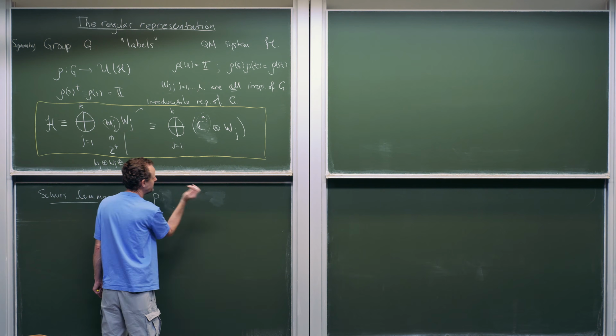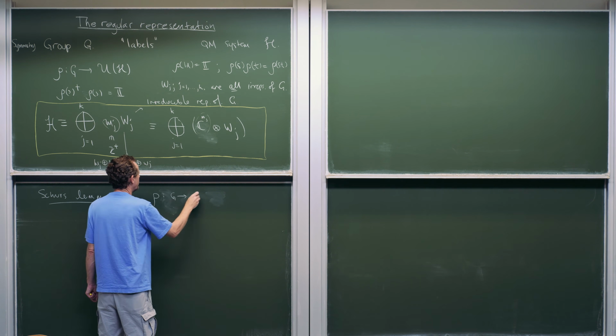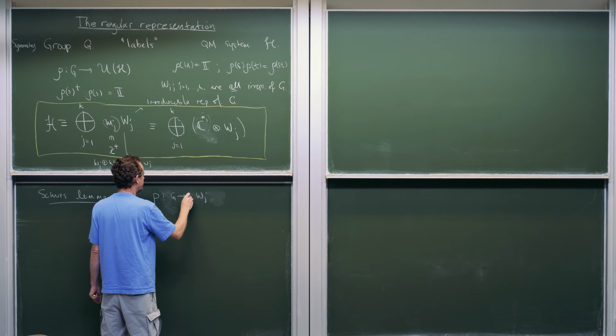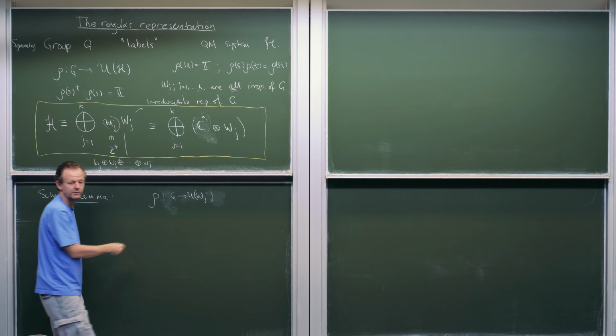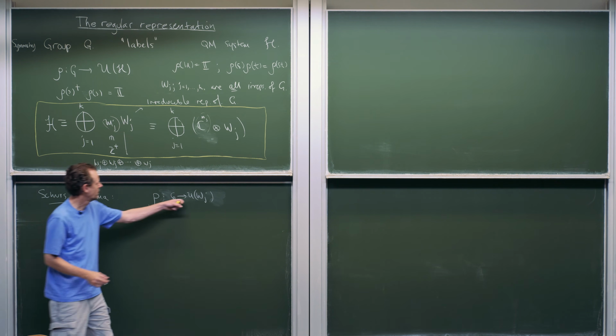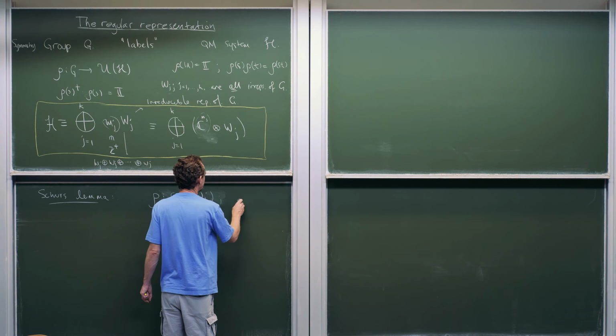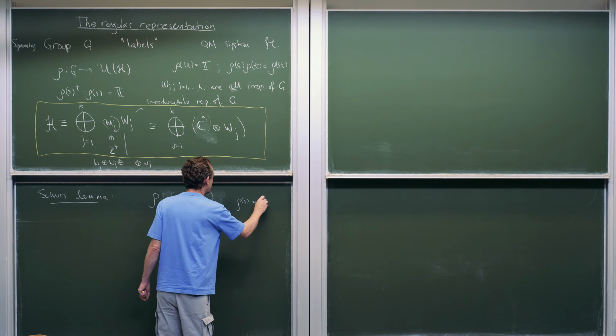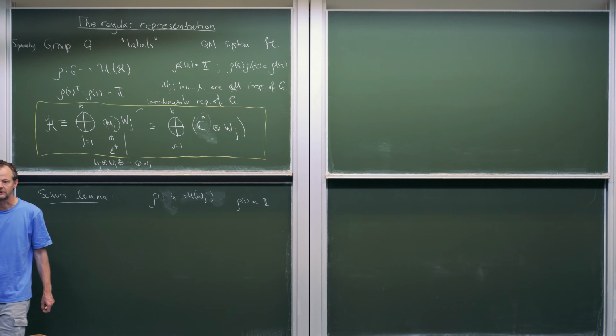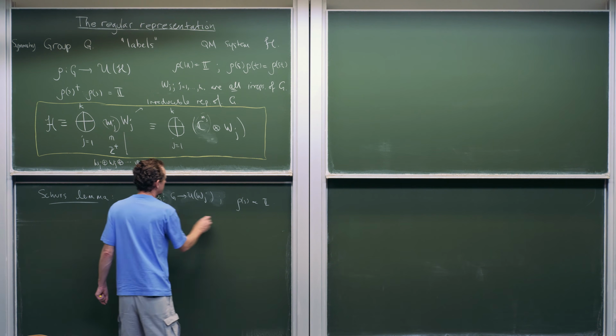I'll rewrite that just so it's a bit less ambiguous. If we have an irreducible representation of our group, rho, how does rho act? Well, rho acts as the identity. Okay, that's a bit more concrete.